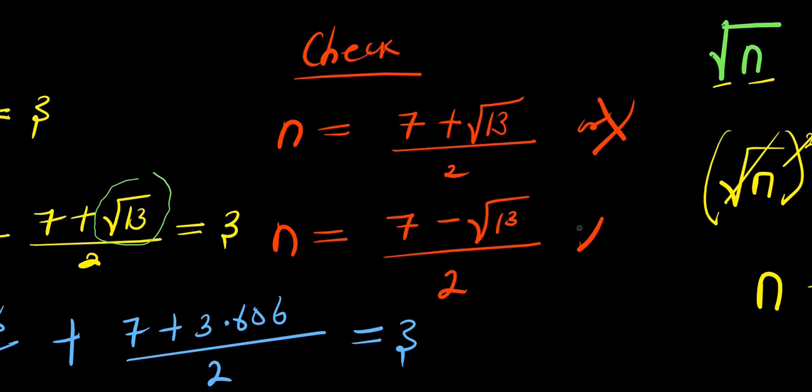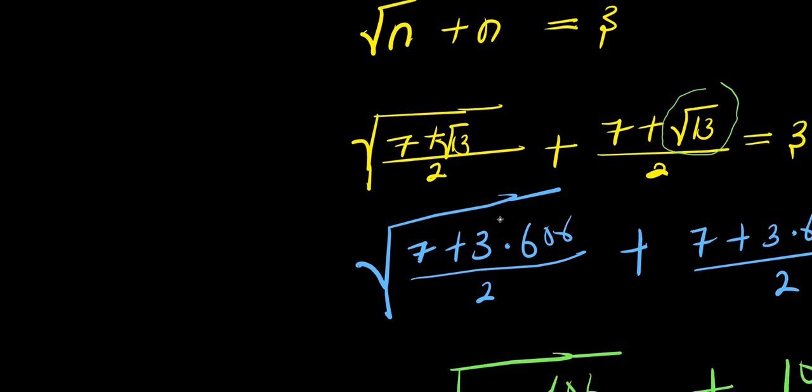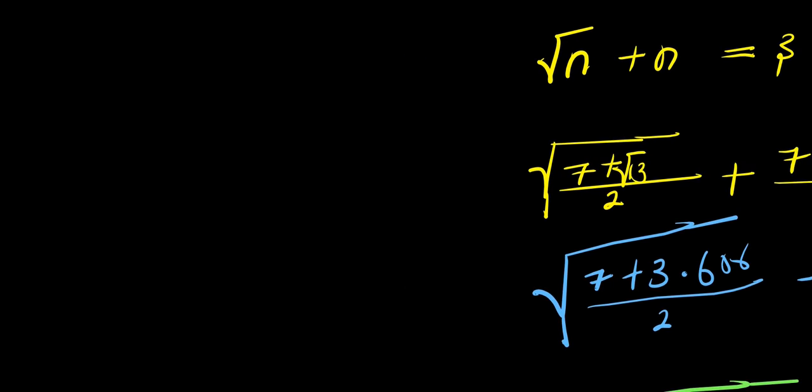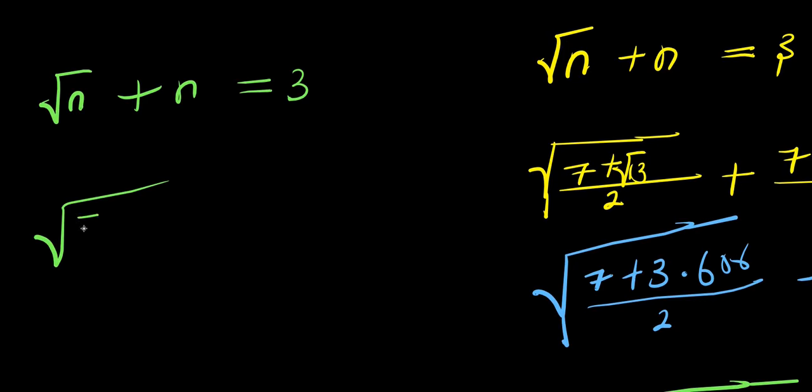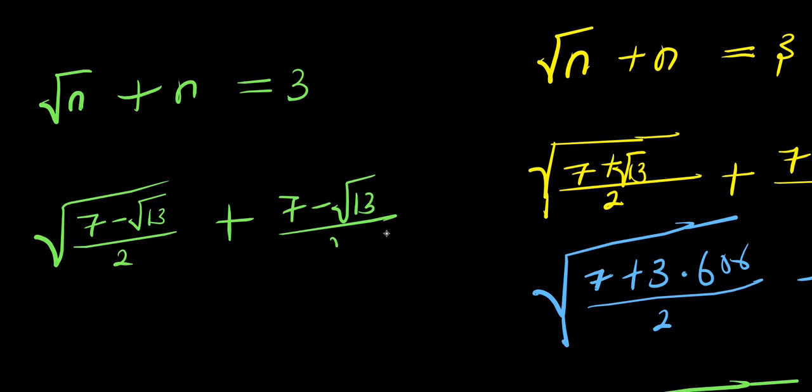So let's consider this other one here. 7 minus root 13 divided by 2. So we have root n plus n equals 3. Our n is, this is square root of 7 minus root 13 divided by 2 plus 7 minus root 13 divided by 2 equals 3.